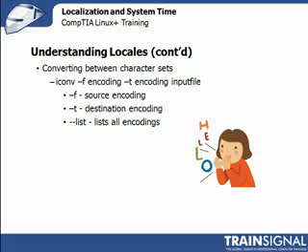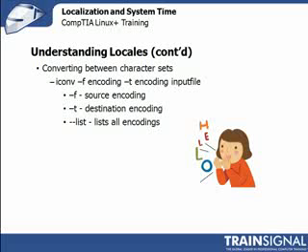The syntax is simply iconv space -f followed by the encoding, space -t followed by the encoding, and then the name of the input file. -f indicates the source encoding and -t indicates the destination encoding, or what you'd like to change it to. There's also a --list option which lists all of the encodings available.